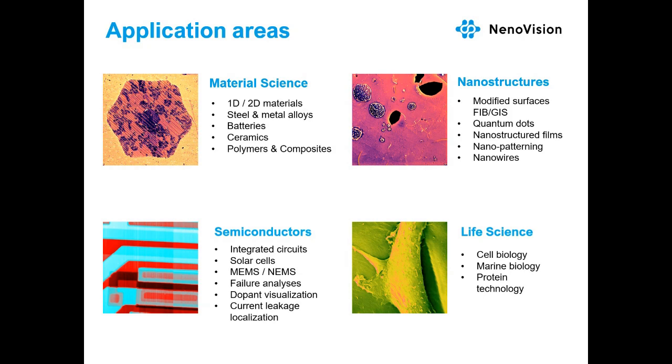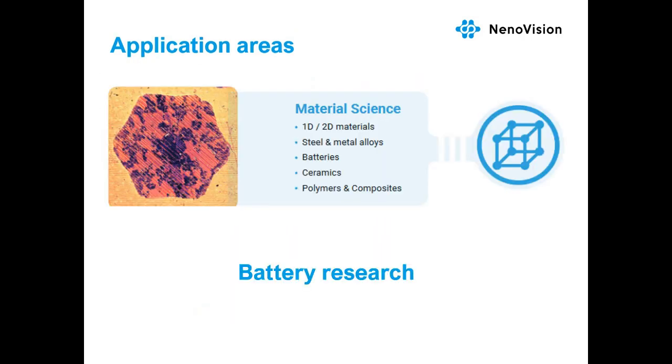So from each group, I will try to pick one example and show the benefits for that. First, in the material area, we chose battery research as an example. The reason is that 2D materials, which are mostly used, you have already seen, and battery research is very broad and, I would say, in these days a very interesting topic.